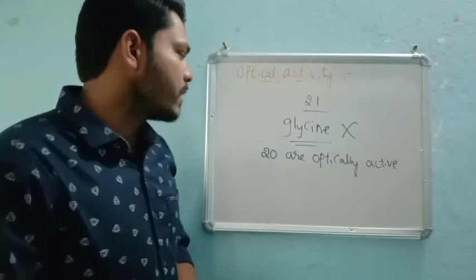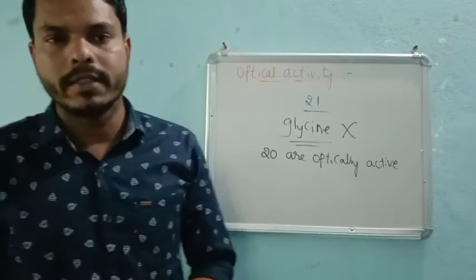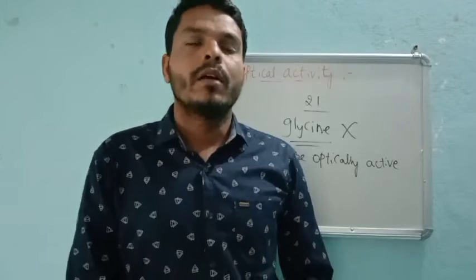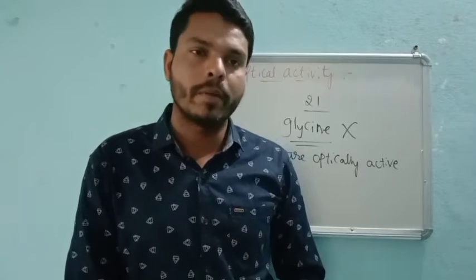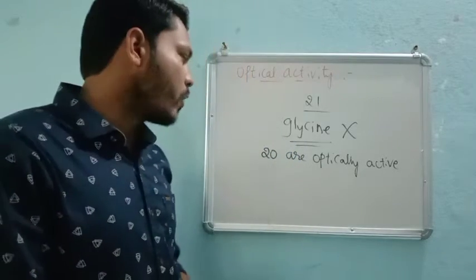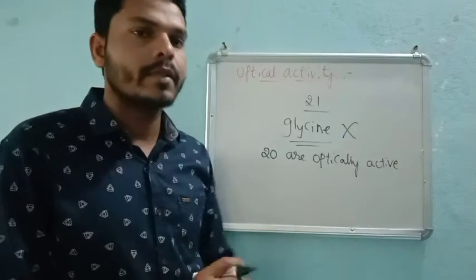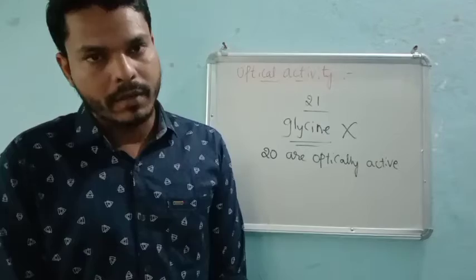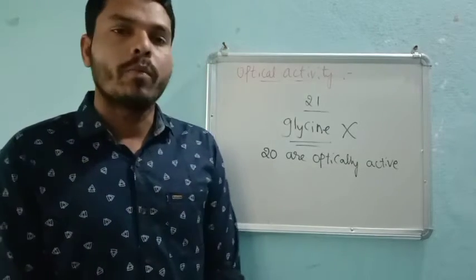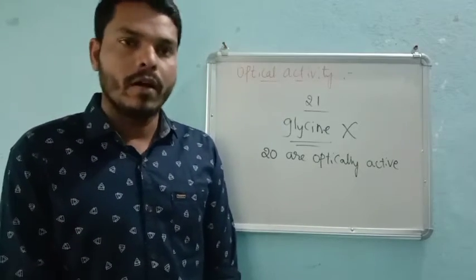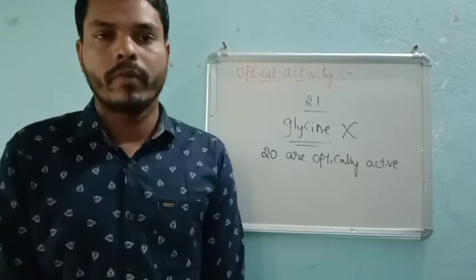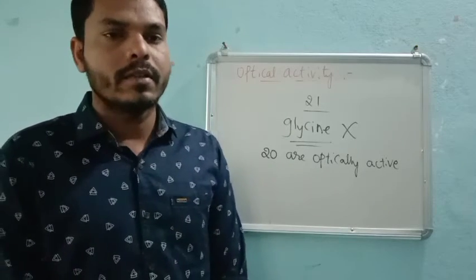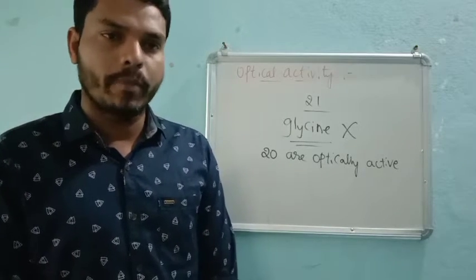So except glycine, all the amino acids are optically active compounds. Why? Because in 20 amino acids, all the amino acids are having a chiral carbon. So that's why they show optical activity. Why do these show optical activity?